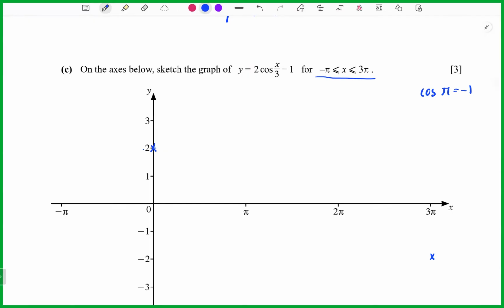So I write it up first. This is your graph before shifting downwards 1 unit.